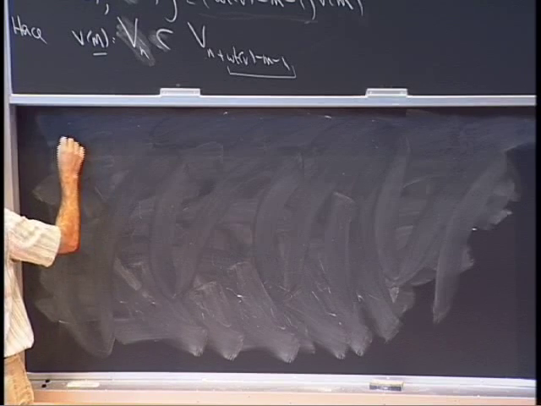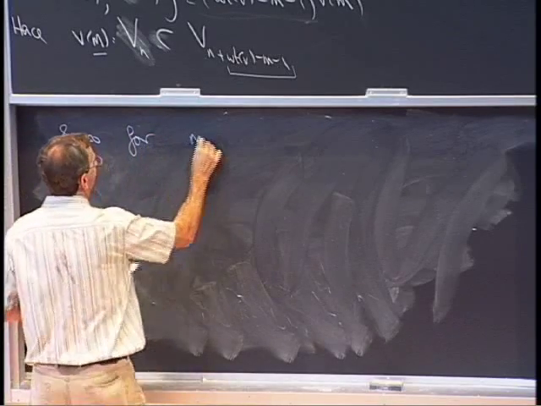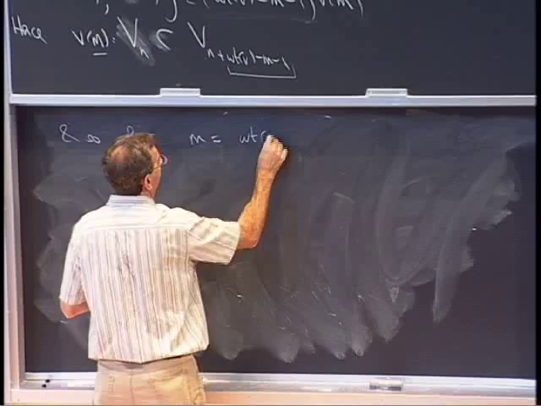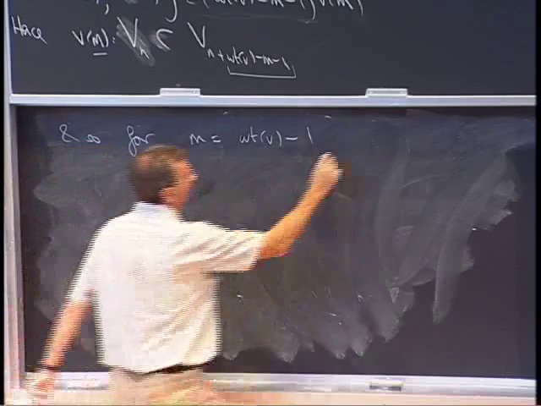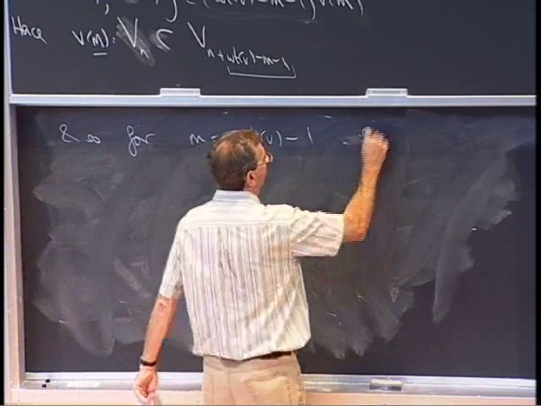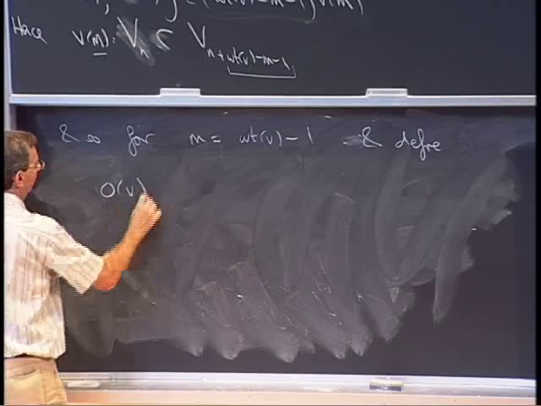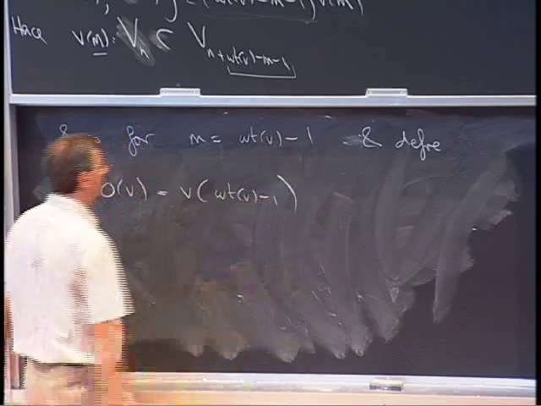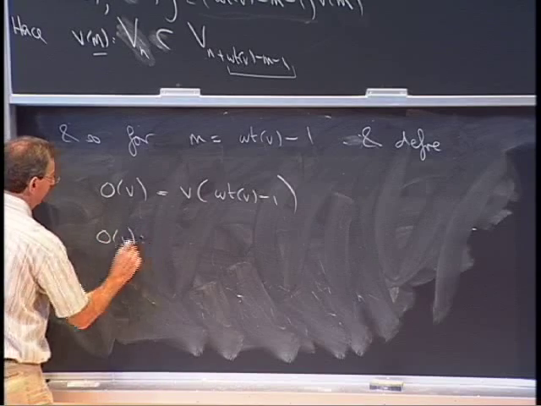So anyway, let me continue with this. If I choose m equal to the weight of v minus 1, and define o of v to be the mode with this particular value, weight of v minus 1, then o of v is level preserving.